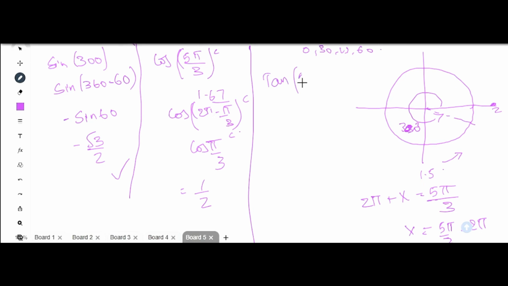So let's do tan of pi by 3. You're solving it, Shreyansh?